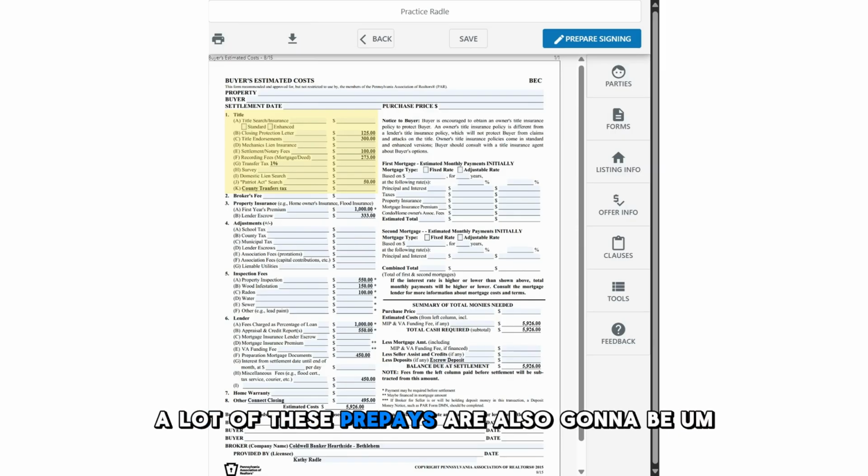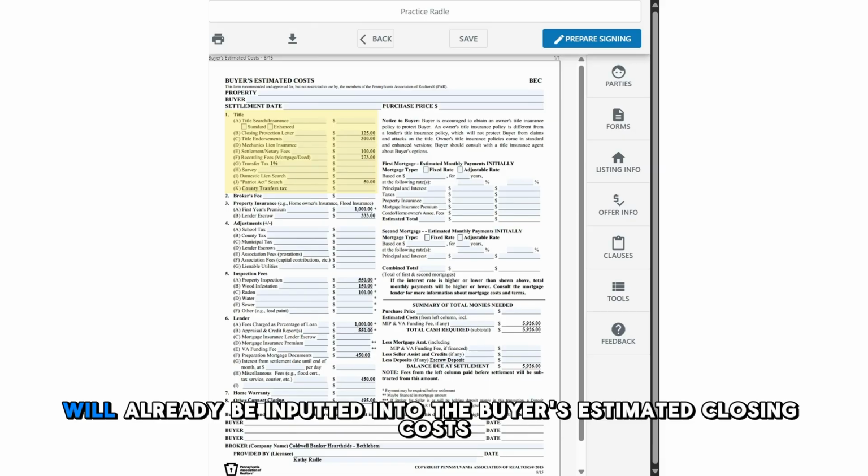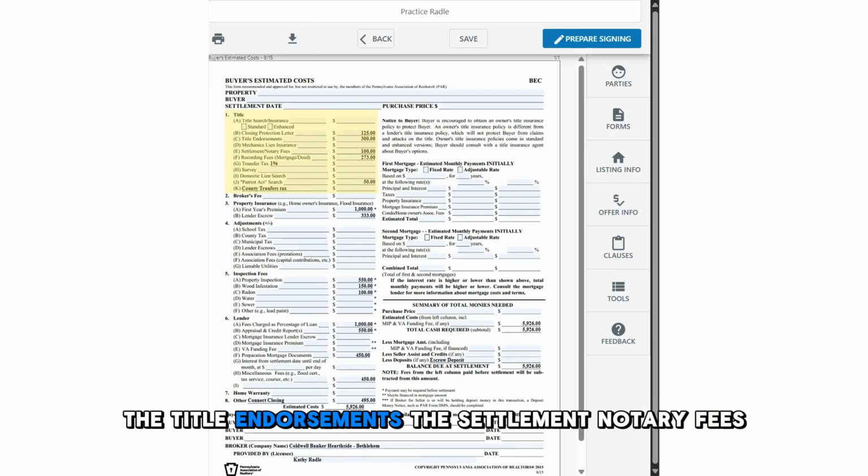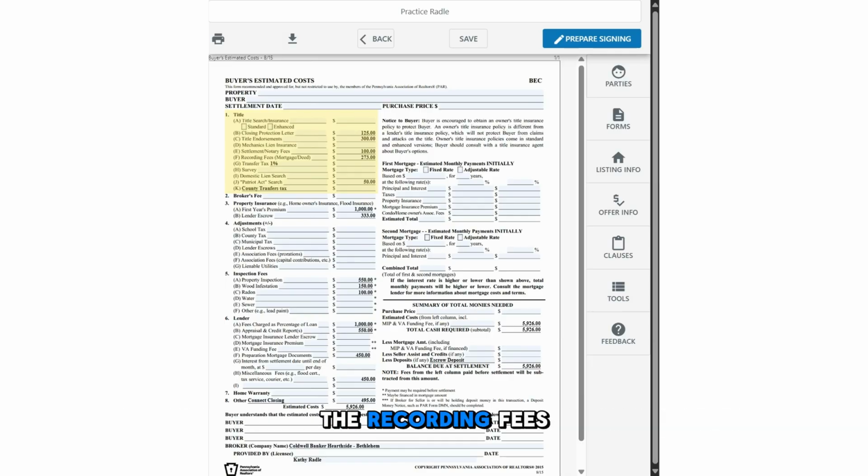A lot of these prepaids, or the settlement charges, will already be inputted into the buyer's estimated closing costs. That's going to include the closing protection letter, the title endorsements, the settlement notary fees, and the recording fees.